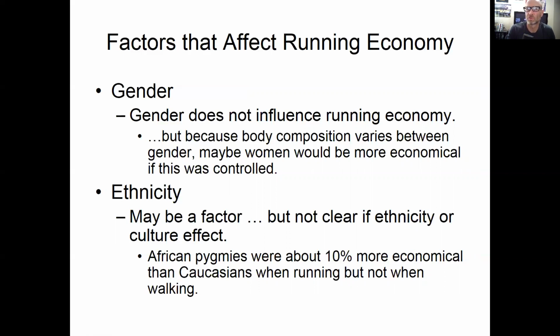So for example, Noakes talks about this, African pygmies were about 10% more economical than Caucasians when running, but not when walking. The question is, is that because of a culture, or is that because of an ethnicity explanation? So just be careful and make sure that you exhaust all possibilities before going with ethnicity as a factor.